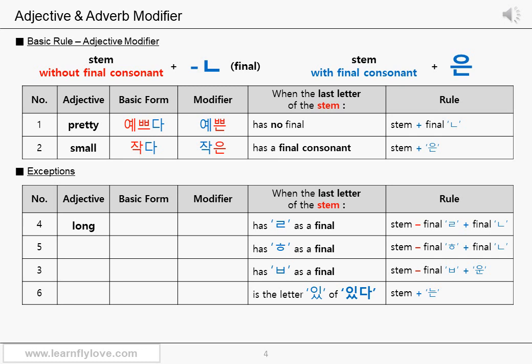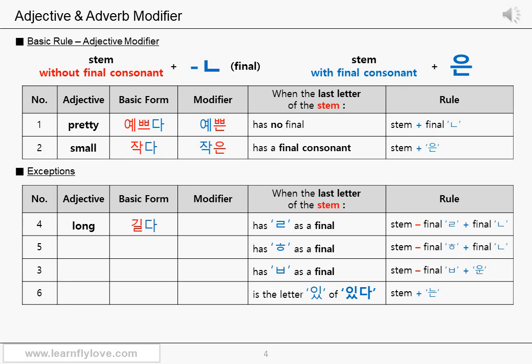The adjective long, which means a great amount of time or a great distance from one end to the other. The basic form of the adjective long in Korean is 길다. What is the stem? Yes, 길 is the stem. It's one letter. What does it have in the final? Does it have a final consonant?